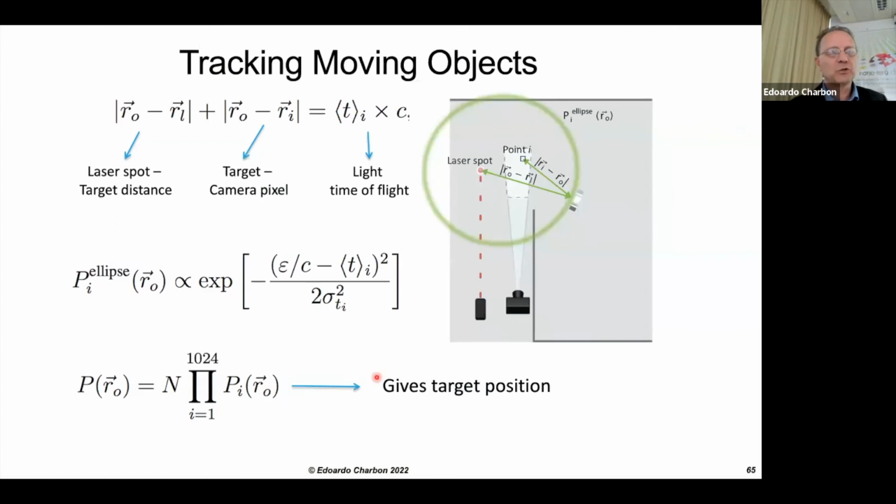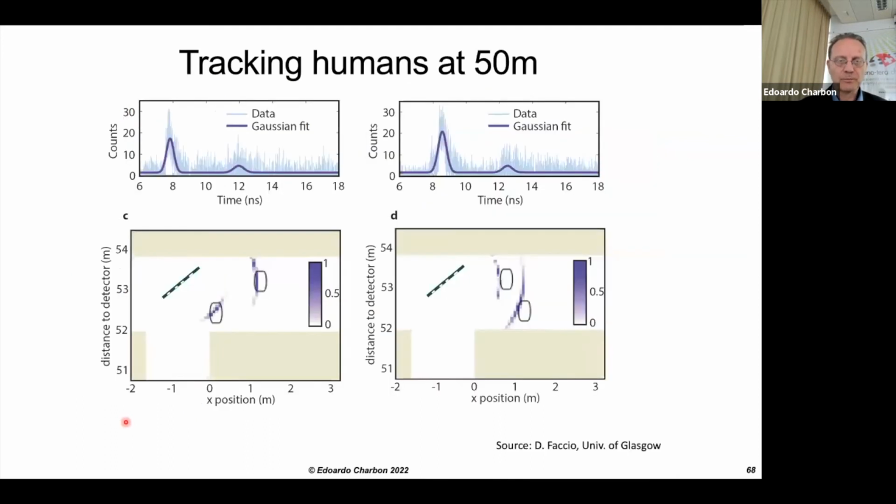So all you have to do is understand the geometry of the problem that you're trying to solve, and then essentially solve an optimization problem, which you can do with training more efficiently and more effectively. So this is another thing that you can do, is reconstruct humans, where they are, but also try to figure out who they are.